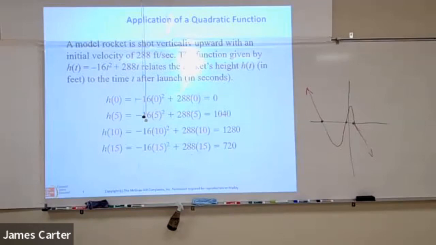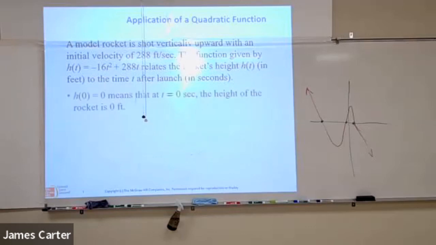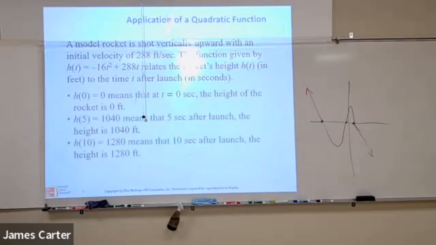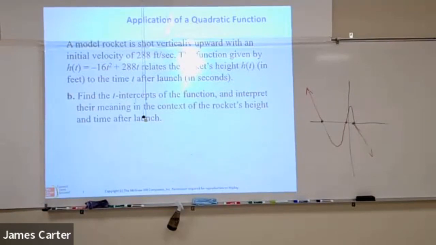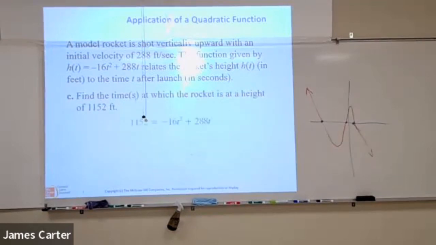Height on the vertical axis, time on the horizontal axis. Now, you can read all of that, but let me get to the pictures. They've solved it. They get these numbers, or those numbers. Now, they're going to show a graph here in a minute.